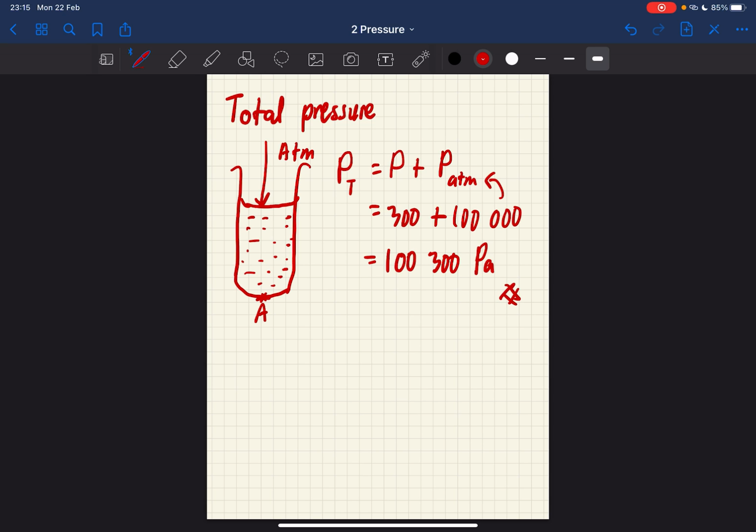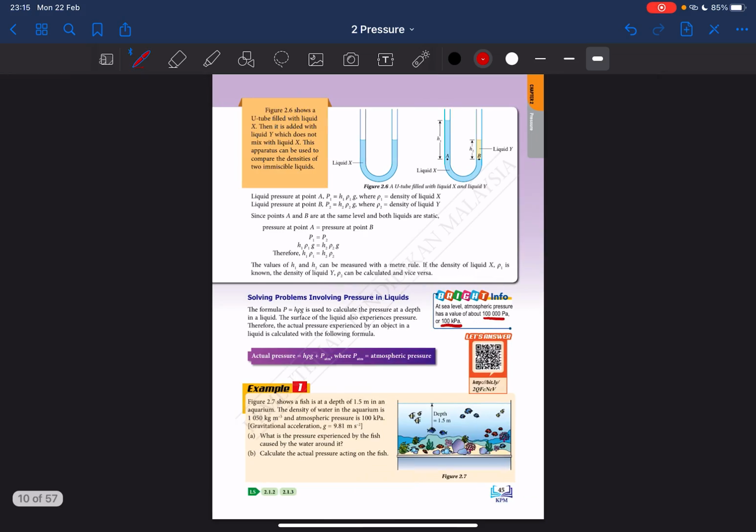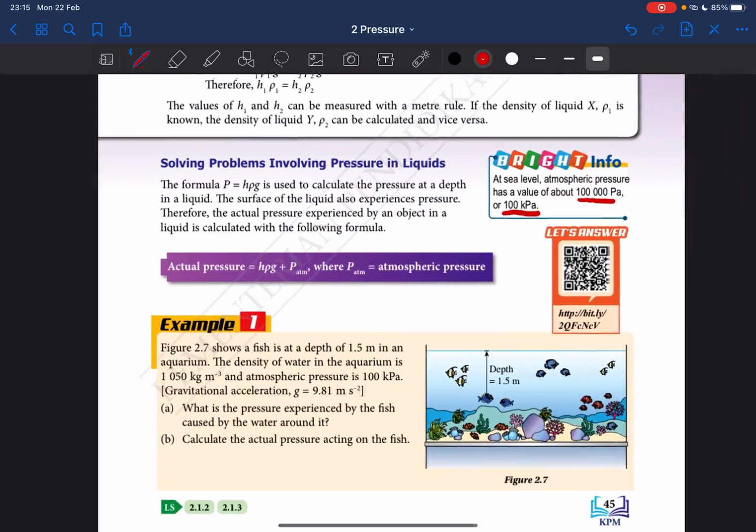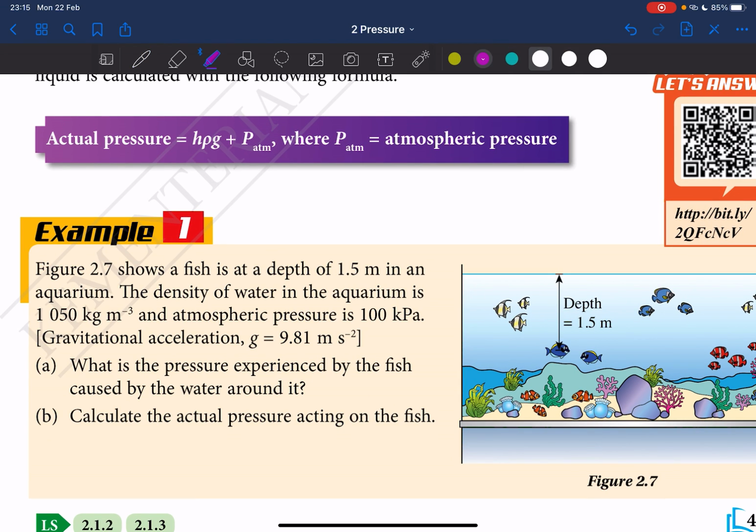So, let's see the example. Here, in example 1, figure 2.7 shows a fish at a depth of 1.5 meter in an aquarium, given that the density of water in the aquarium is 1050 and atmospheric pressure is 100 kPa.